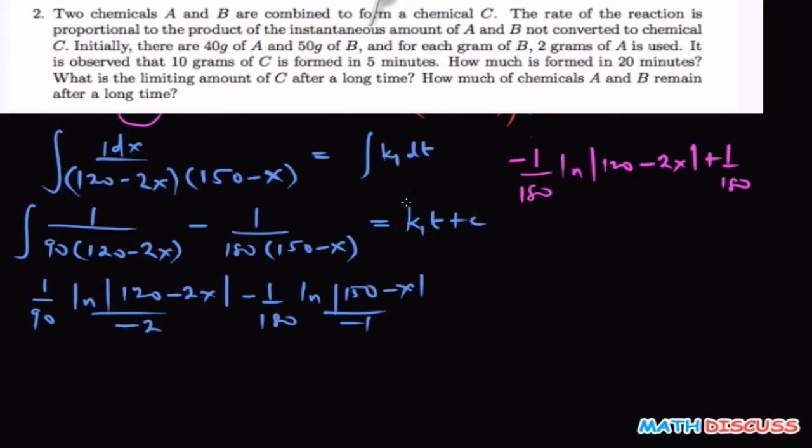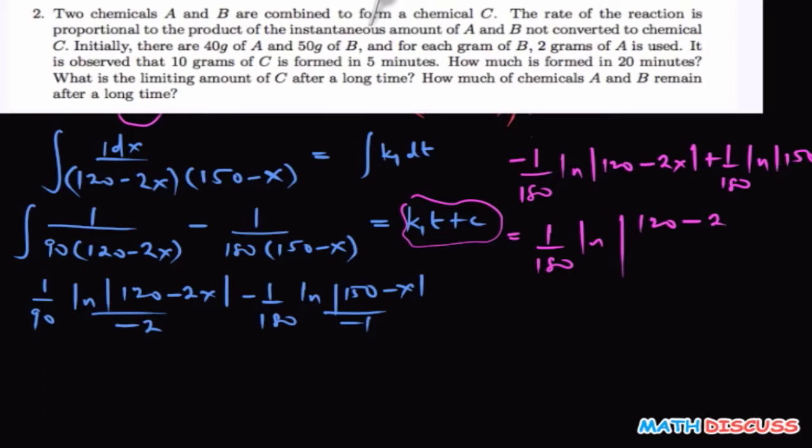Then, you note I temporarily neglected this just to finish up the left hand side. 1 over 180 into 150 minus x, the ln of 150 minus x. So this is going to give us 1 over 180, the ln of 120 minus 2x.